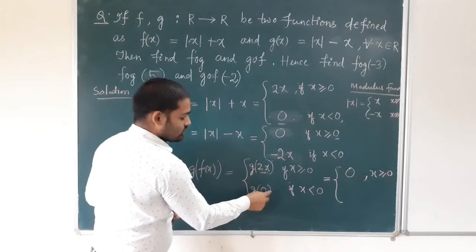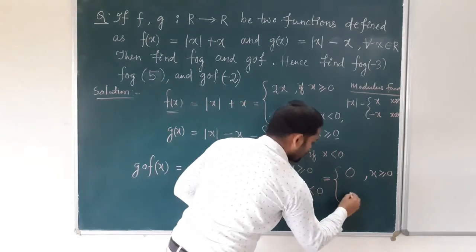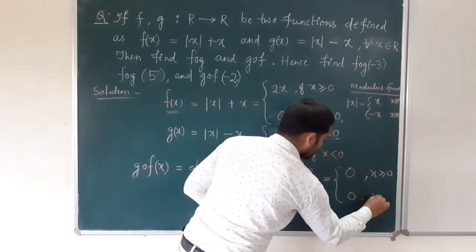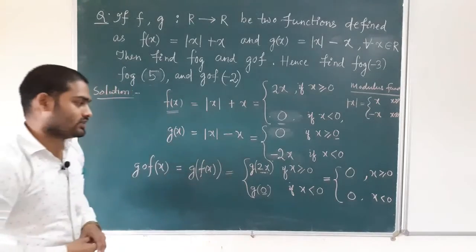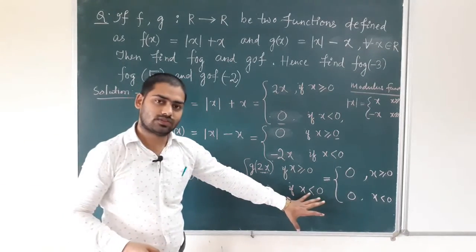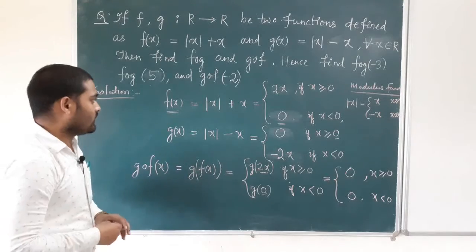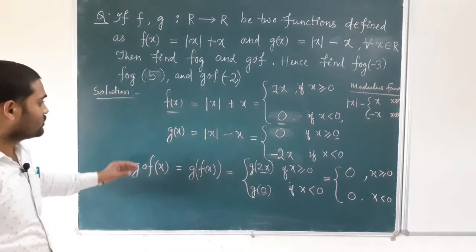So g of 0 is 0. You can write like this. Now we find fog.